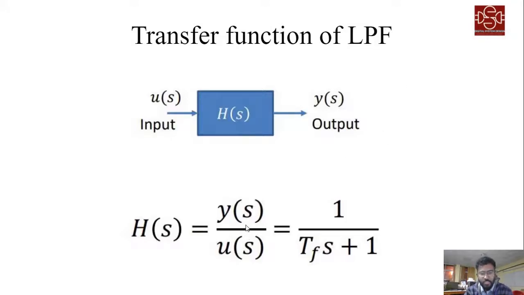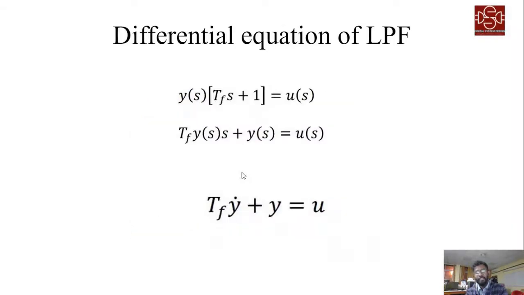This is our transfer function of the system. Depending on the system input, if it's an impulse, we will get the impulse response in the output. If it's a step, then we will get the step response in the output. So this is the transfer function of a filter. Now why it is a low pass filter, I'll be discussing.